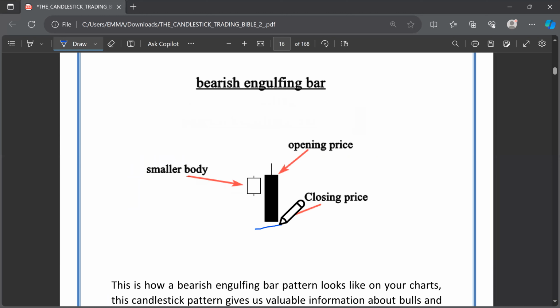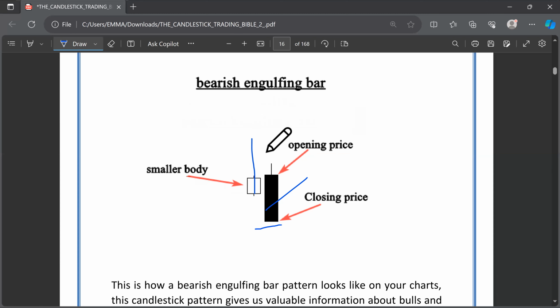But for time's sake, we are just going to represent the colors of the candlesticks with red and green, or the white and the black. So we are still using the black for the bearish one, and the white for the bullish one.